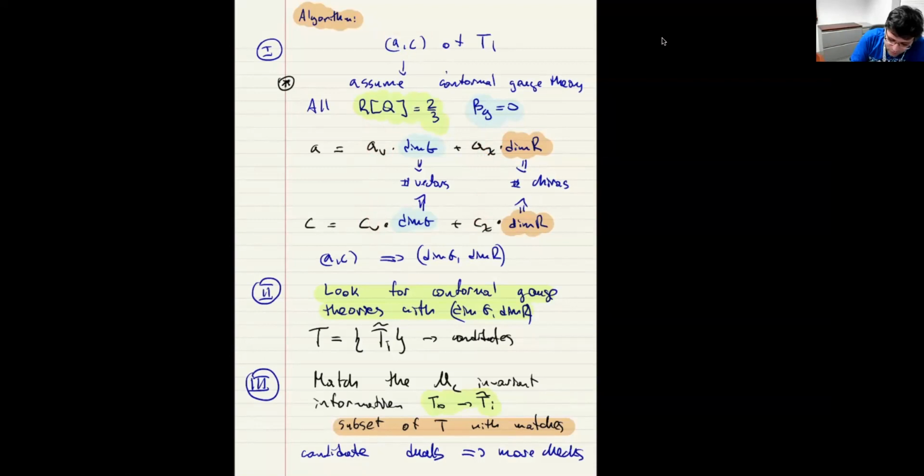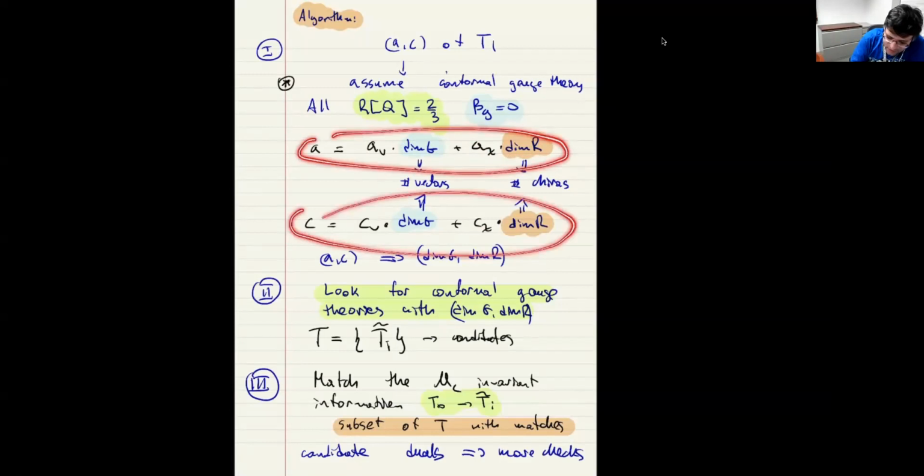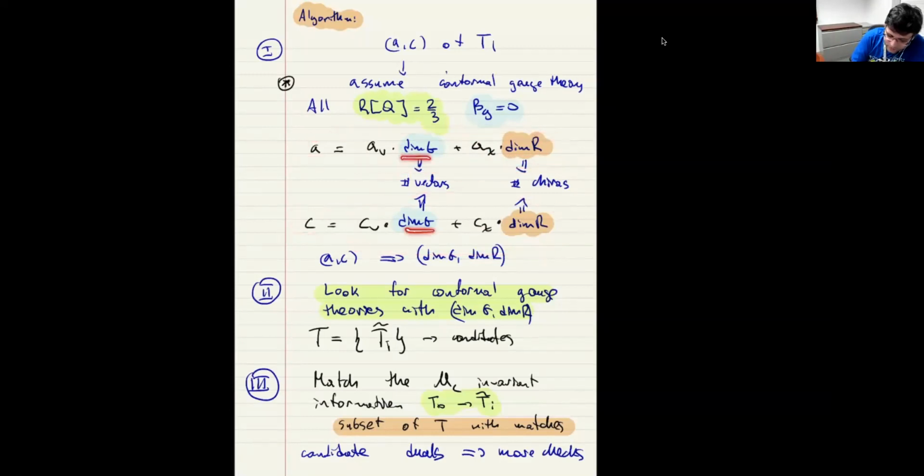So it should be that we can find some integer, which I call dimension of the gauge group, which is the number of the vectors of this free conformal description, and some other integer, which is the dimension of the representation, which is just the number of chiral superfields, such that both A and C anomalies will be expressible in terms of the same numbers. Okay, so basically we can translate A and C into two integers, dim G and dim R.